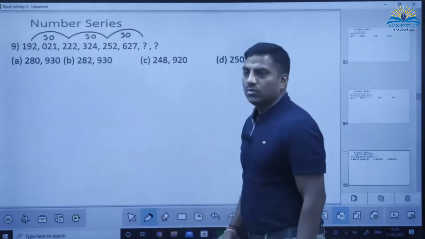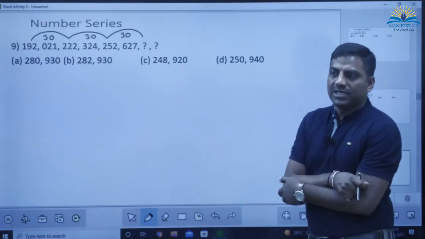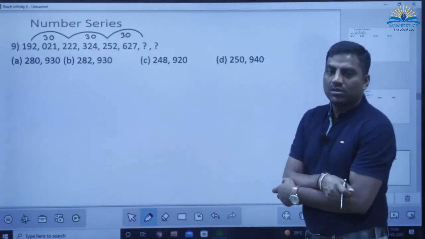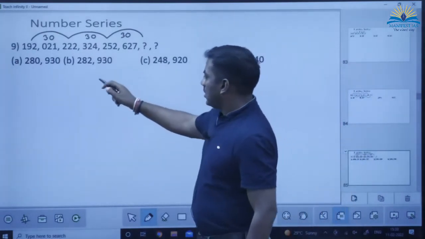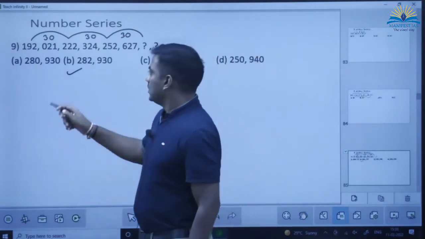What does it give? Alternative numbers are having the difference of 30. So 252 plus 30, what should I get? 282, though this is the answer, but work out for other also.